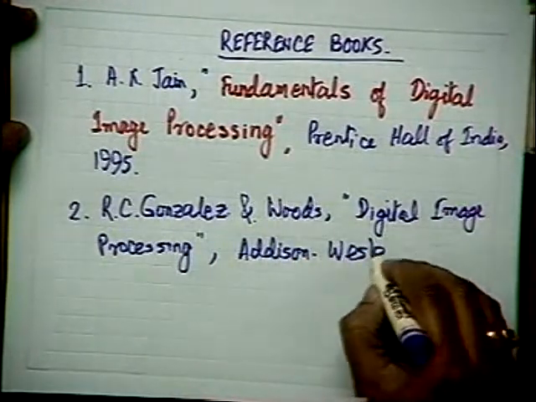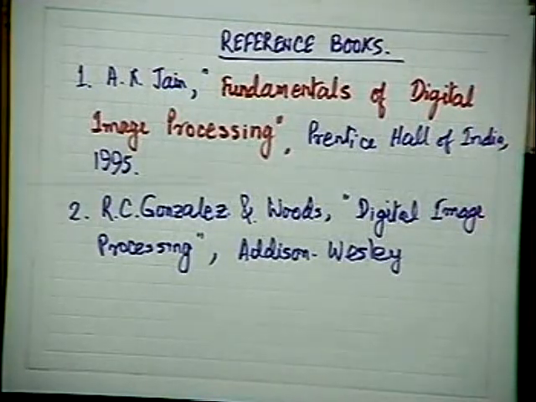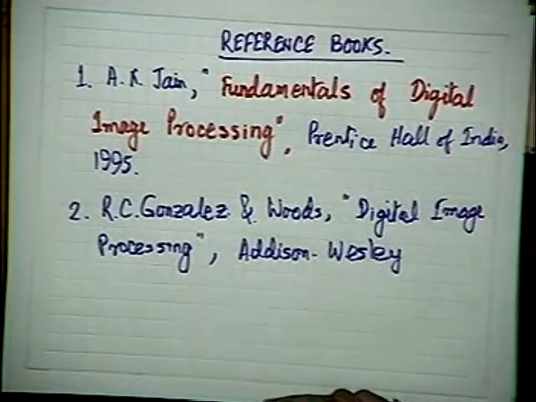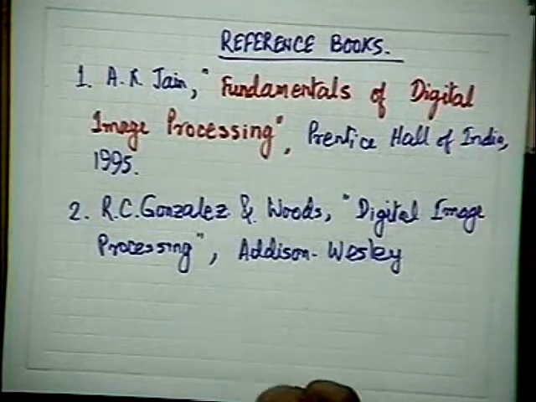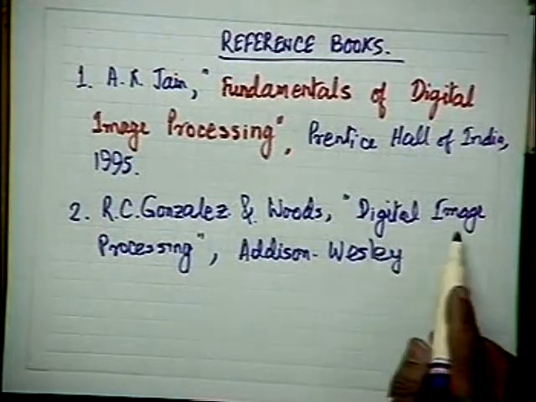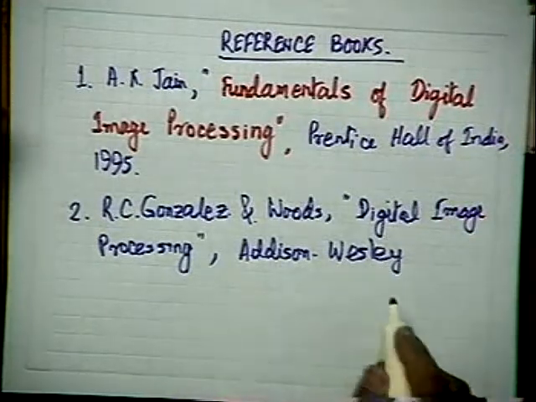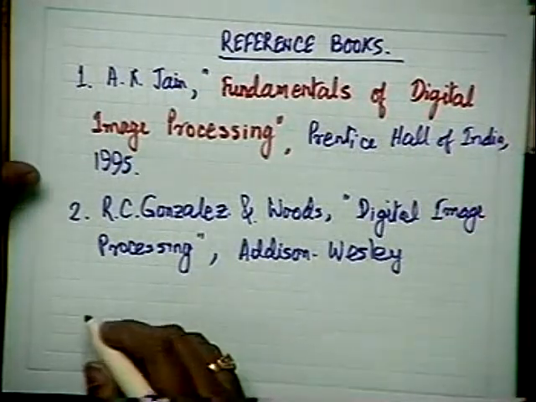Actually, this book is an extension of an earlier book by Gonzalez and Vince. That book has been thoroughly upgraded now and is co-authored with Woods, and the name of course continues to be Digital Image Processing, but this is a more recent book.